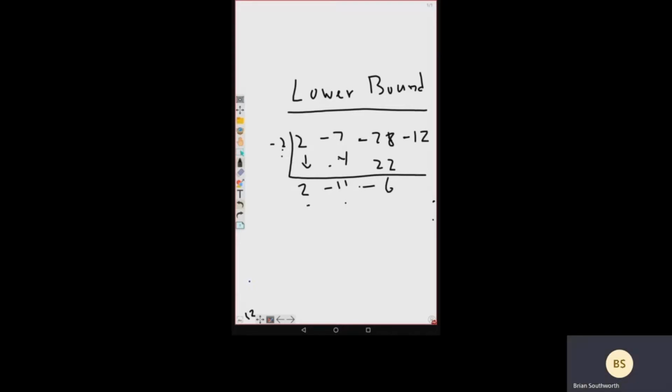Now it's plus 2, minus 11, minus 6. These are not alternating, so we don't care. So minus 2, and it turns out minus 3 also is not a lower bound.